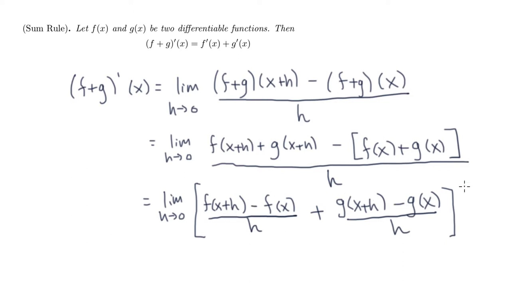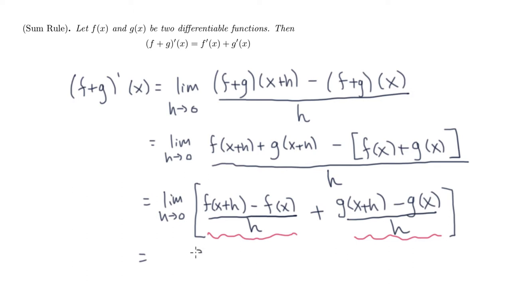But now I can take the limit of this difference quotient, plus the limit of that one. The limit of this is f prime of x, and the limit of this as h goes to 0 is g prime of x. That's where I'm just using the limit laws.